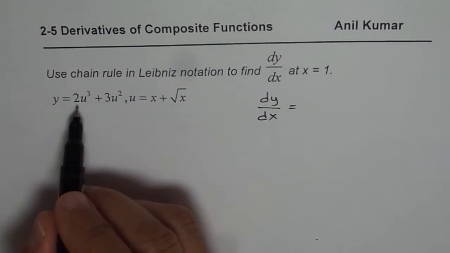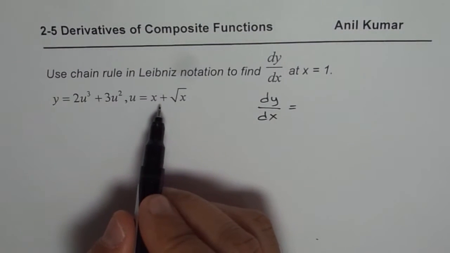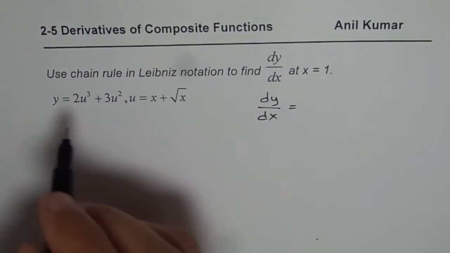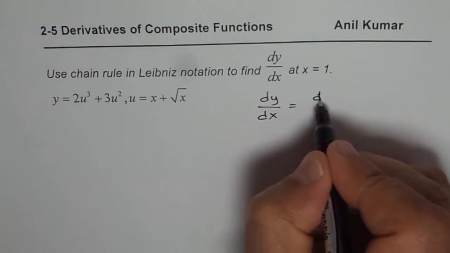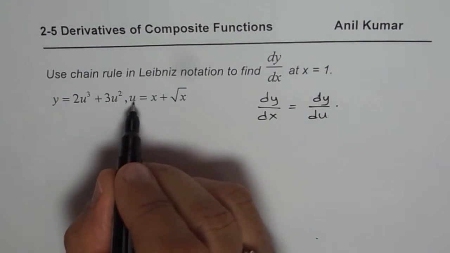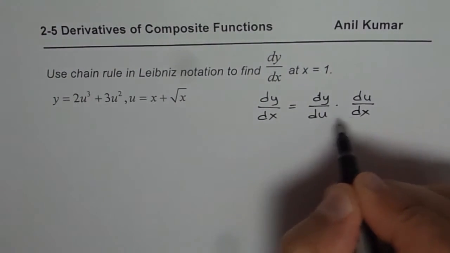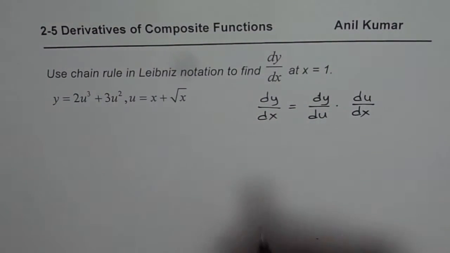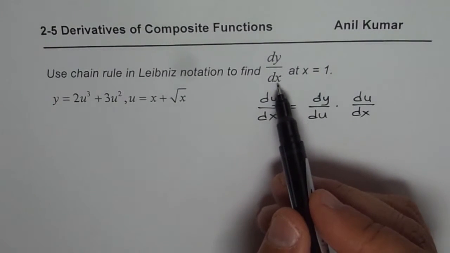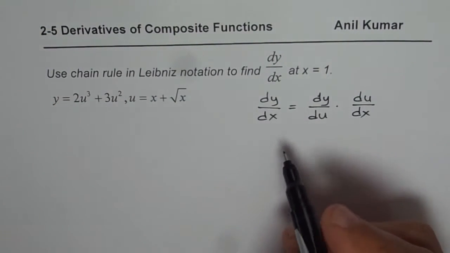So we first differentiate with respect to u and then with respect to x. So first we say dy/du times du/dx. That is the rate of change of y with respect to x, or that is how we will find the derivative of the given function.